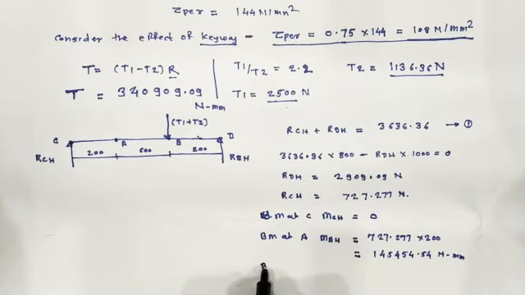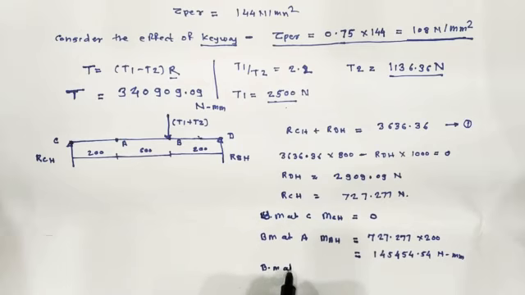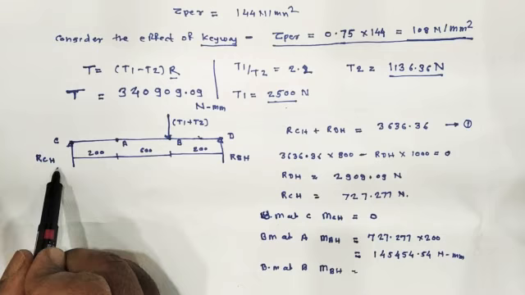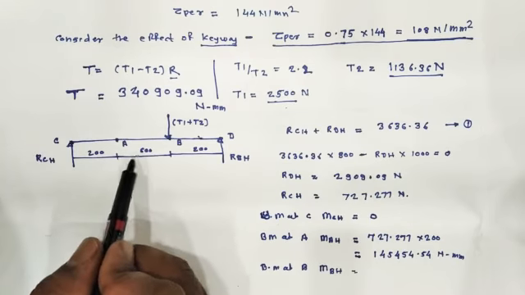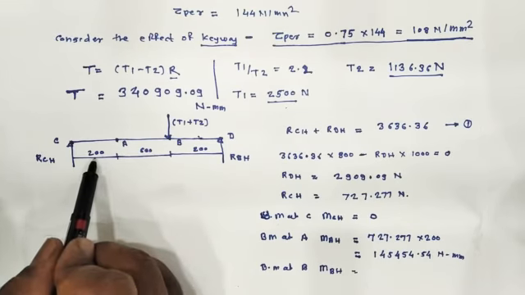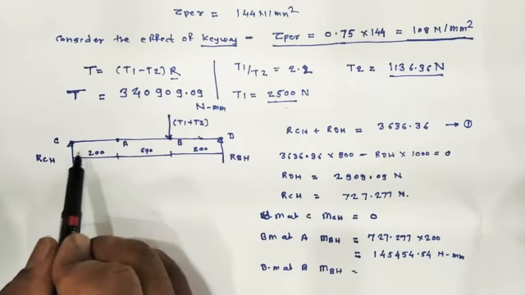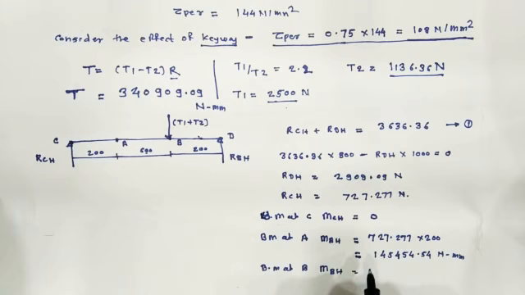Similarly, bending moment at B, denoted by MBH, at this location is RCH into 800, minus RCH into 600 plus 200 at this location. This is in clockwise direction.